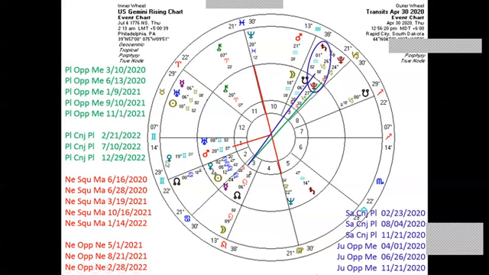So the houses and the angles have a tendency to move clockwise like the nodes do. So you would start with the planet and then go clockwise to the angle you wanted to compare it to. Does that make sense? Yes, thank you. And yes, you can do that.